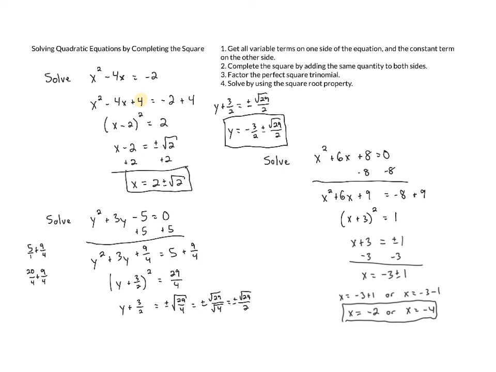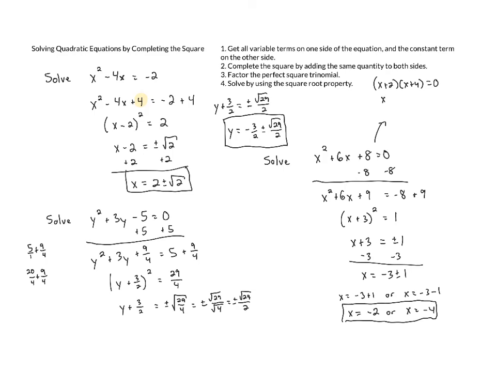I do want to point something out. We used completing the square here because that's what we're learning today. However, if you look at the original equation, this could be solved much easier by factoring. If we factor x squared plus 6x plus 8, we get x plus 2 times x plus 4 equals 0.